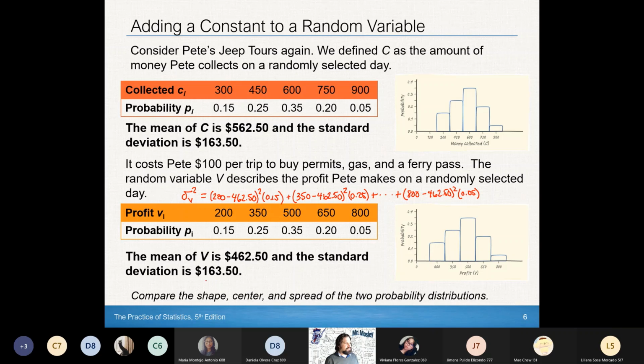Now, the reason this is the same as this: 200 minus 462.50, that's negative 262.50. If I go up to this one, 300 minus 562.50 squared times 0.15. 300 minus 562.50 is also negative 262.50, right?